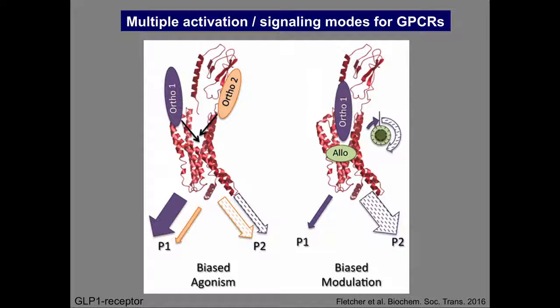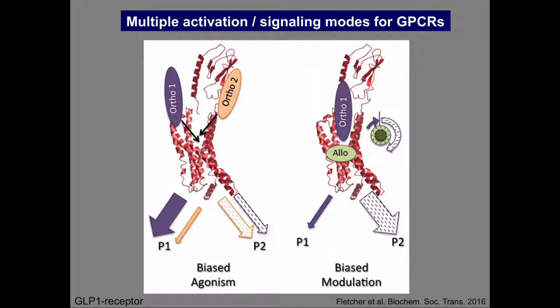And so the hope is that with these different binding modes, one might be able to cause distinct downstream signals. So if you have, for example, two pathways here, term P1 for pathway 1 and pathway 2, the hope is that with one or the other of these orthosteric ligands, you can produce one or the other of the signals or have quantitative differences between the two signals that you are producing.